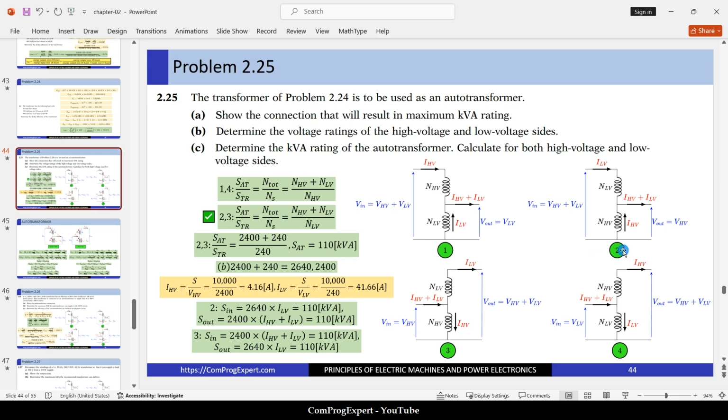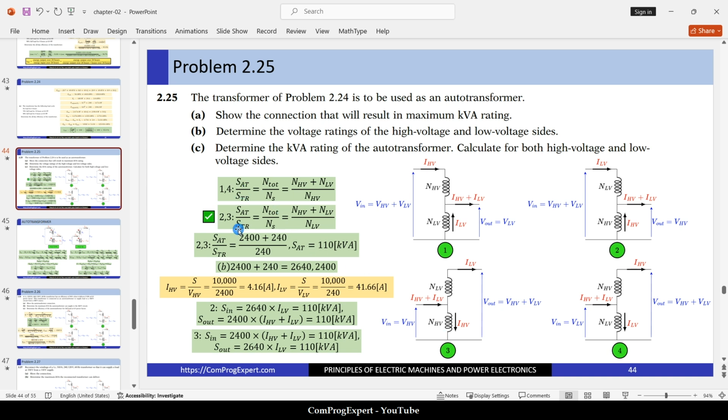This is case 2, case 3, and case 4. Case 1 and case 4 are the same, just the direction of the power flow is reversed: for case 1 it is in this direction, for case 4 in the opposite direction. Cases 2 and 3 are also the same.